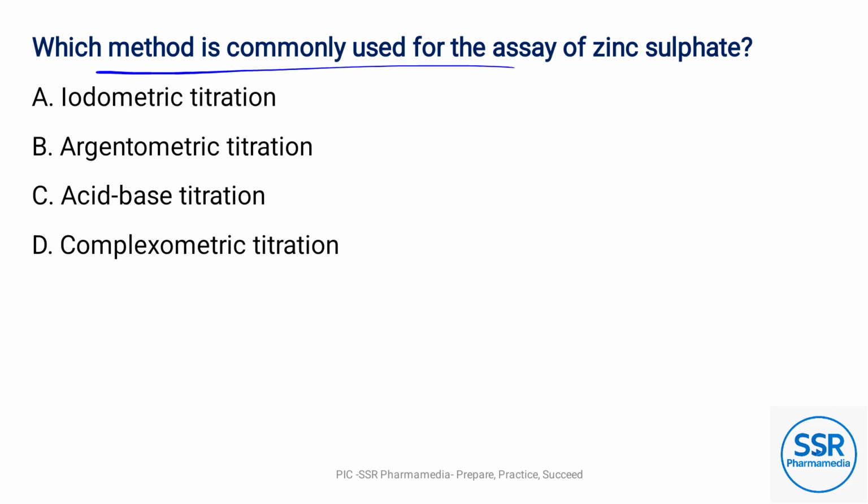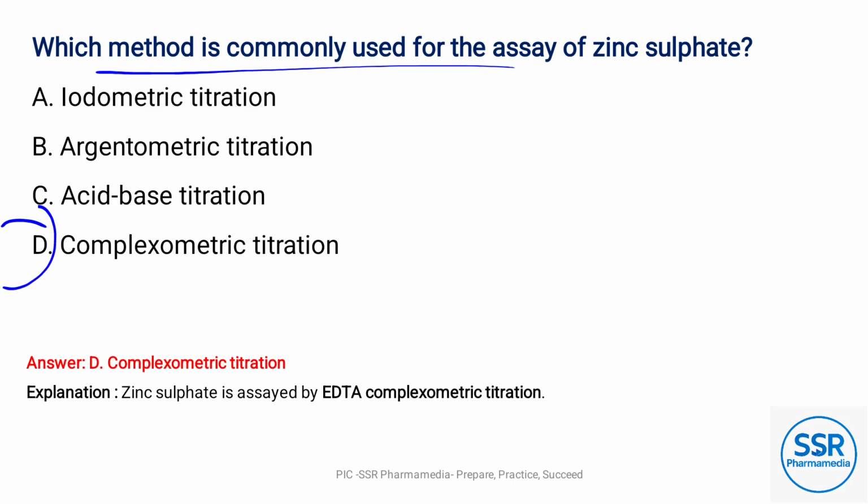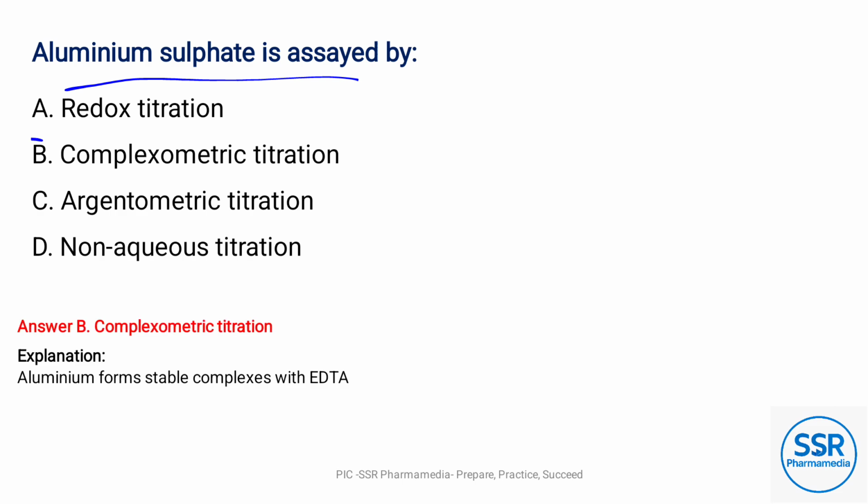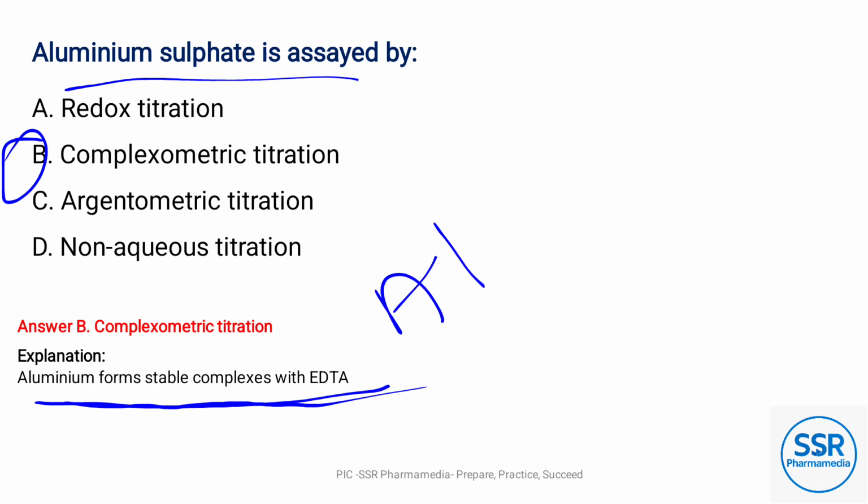Which method is commonly used for the assay of zinc sulfate? Option D, complexometric titration. EDTA is used as a titrant, and zinc forms the zinc EDTA complex. Aluminum sulfate is assayed by, option B, complexometric titration. Aluminum forms a stable complex with EDTA.